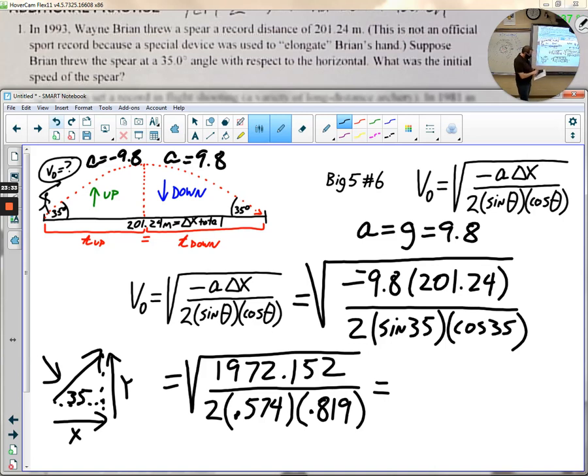So now I'm going to take the square root of 1972.152 divided by, open parentheses, 2 times 0.574 times 0.819, and actually just leaving it in your calculator as the sine of 35 cosine of 35 is going to give you a slightly more accurate answer. Close parentheses a couple times, hit enter, and I get an answer of 45.799.